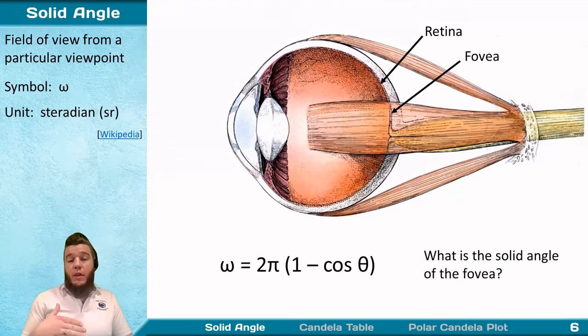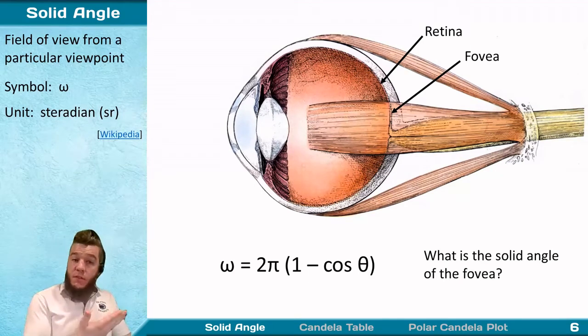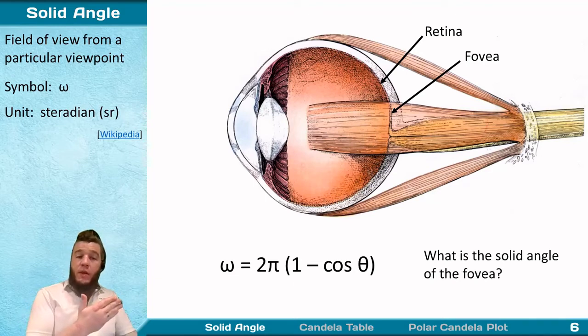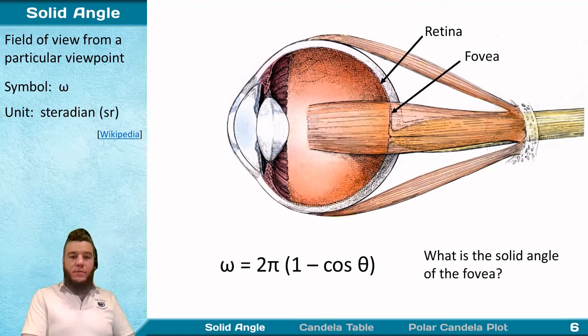The fovea is typically referred to as the central 2 degrees of your vision. So this does evaluate to 9.6 times 10 to the negative 4th steradians. And the key thing there is to use the central angle of 2 degrees, and you need to half that before you plug it into the cosine function in this equation.